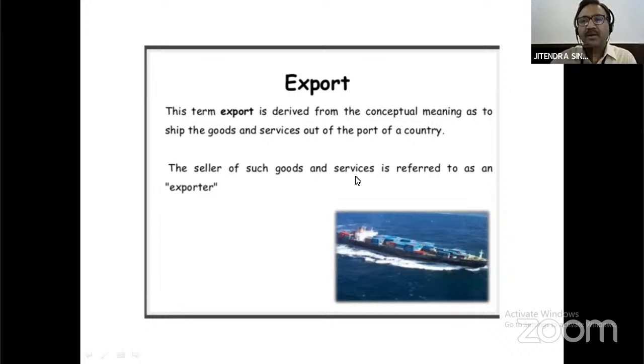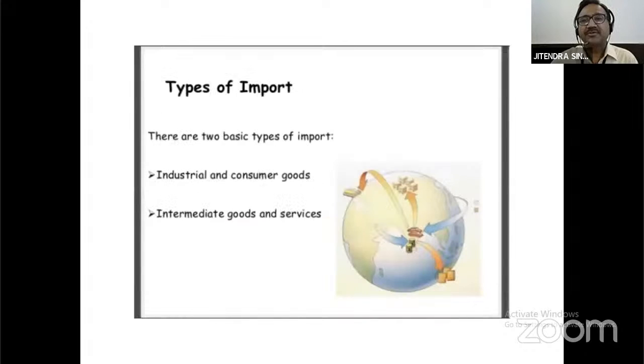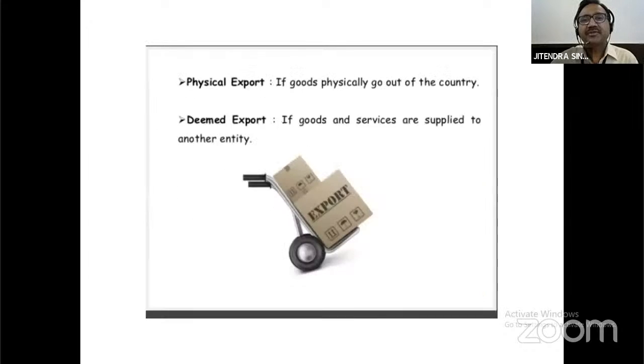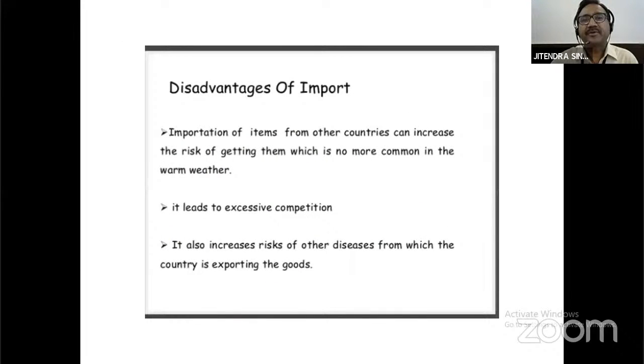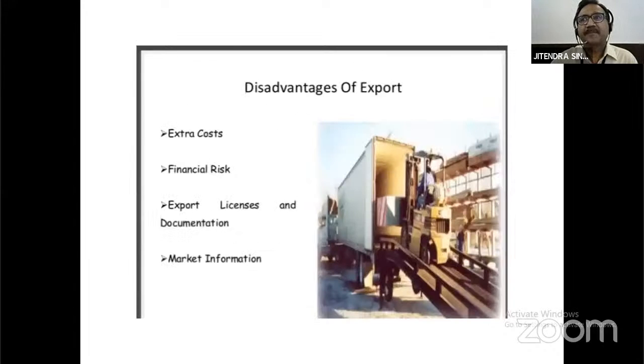So we have two parties involved in the export and import process. One, the person who transfers the goods is called the exporter, and the person to whom the goods are transferred is called the importer. So export is a basic process of transferring goods and services from one party to another party.